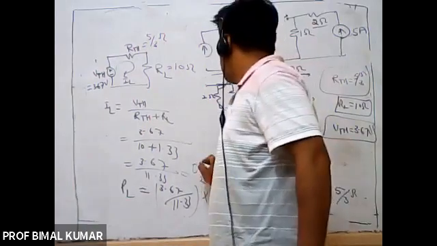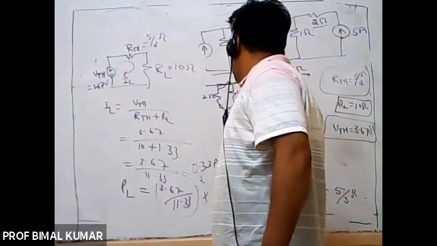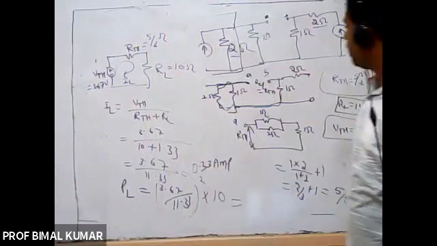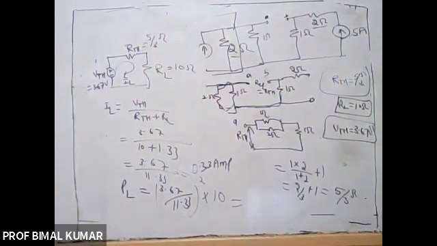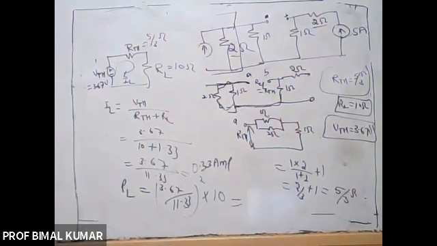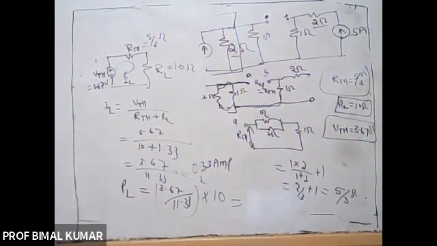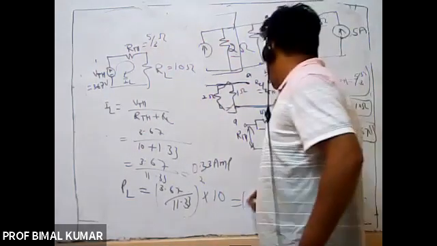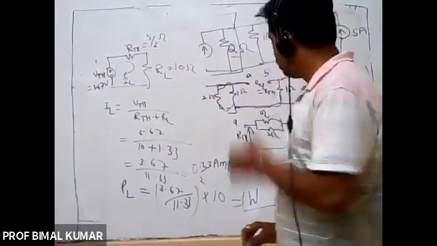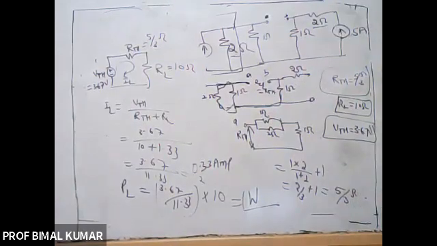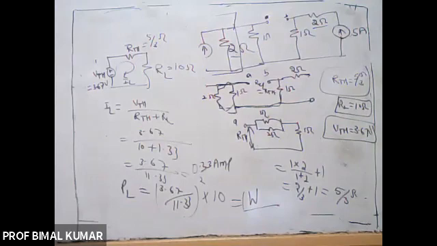So IL is equal to 0.33 ampere. Now 0.33 squared, that is 0.33 into 0.33, multiplied by 10. So this will be approximately 1 watt. Power consumed is 1 watt. So 1 watt is the required answer.